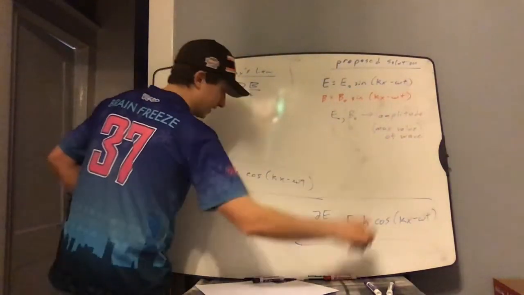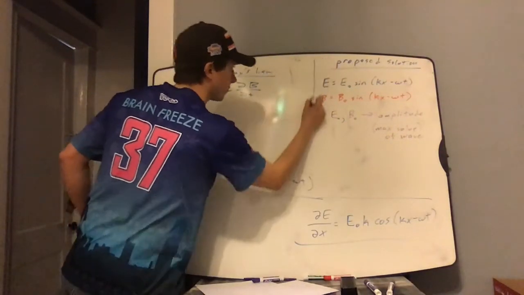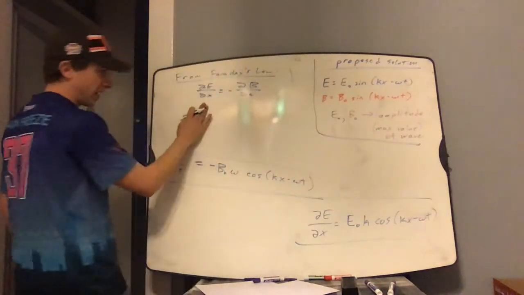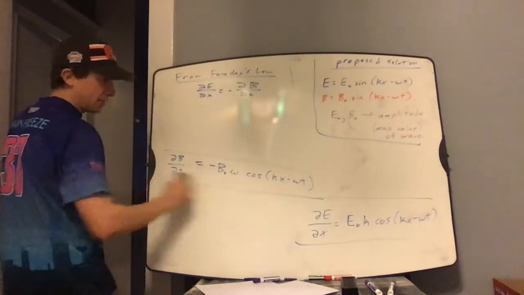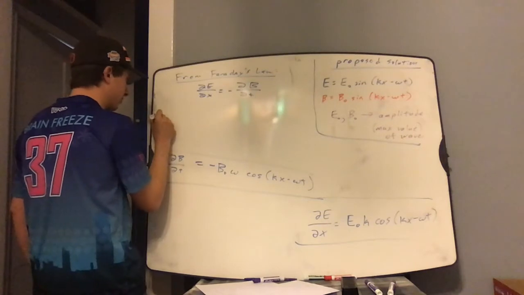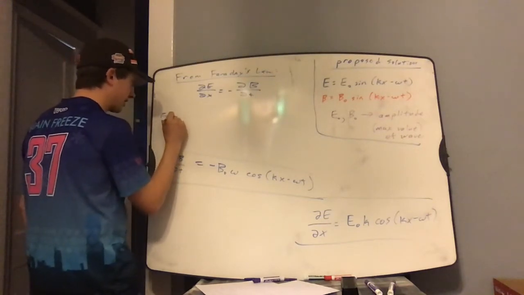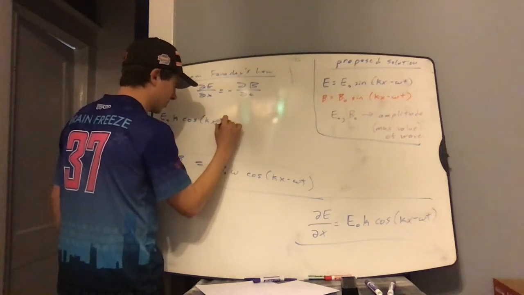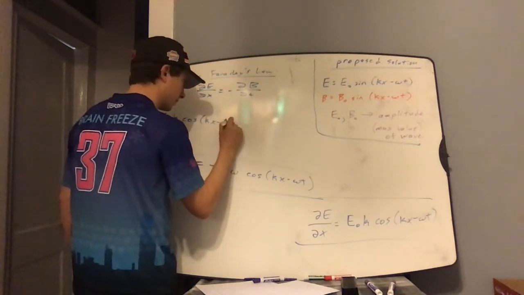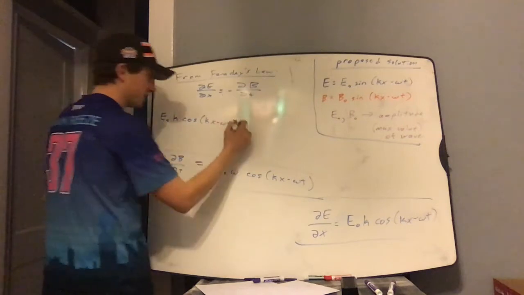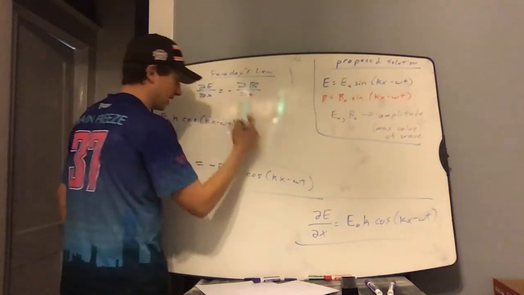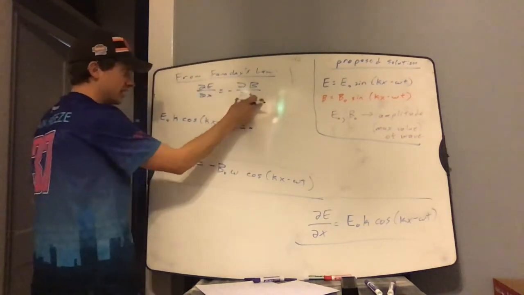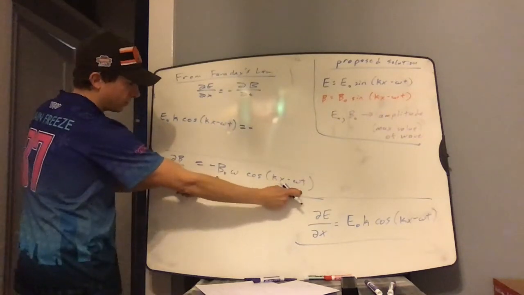When we do that, dE dx is all that stuff down there, so that would be E naught k cosine kx minus omega t, is equal to negative dB dt, which is all this stuff here.